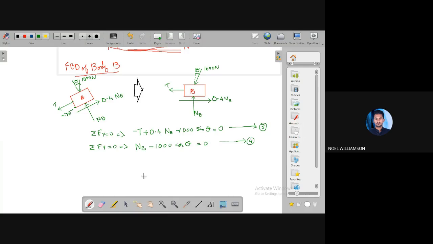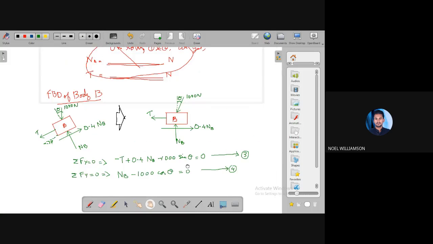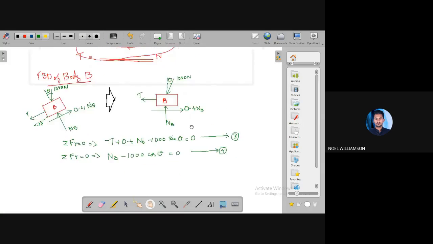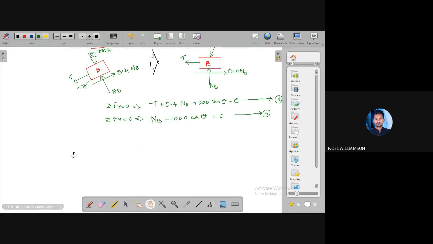Okay, so altogether you get 4 equations. So we'll list out here the equations 1, 2, 3 and 4. Equation number 1 it was T plus 0.15 Na minus 500 sine theta equal to 0.